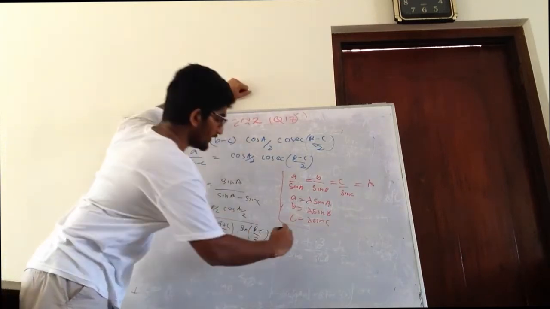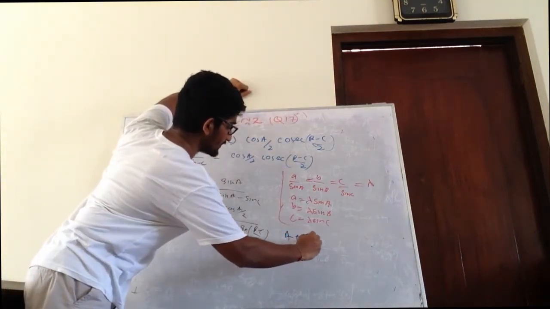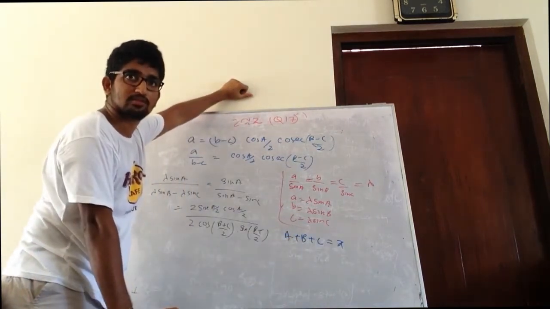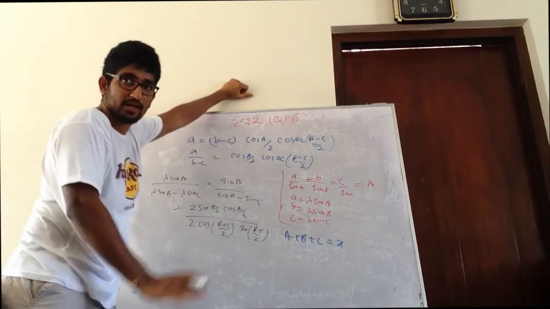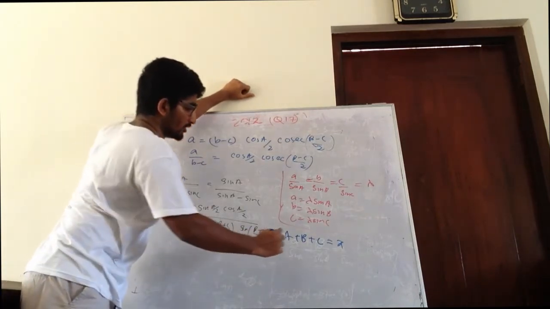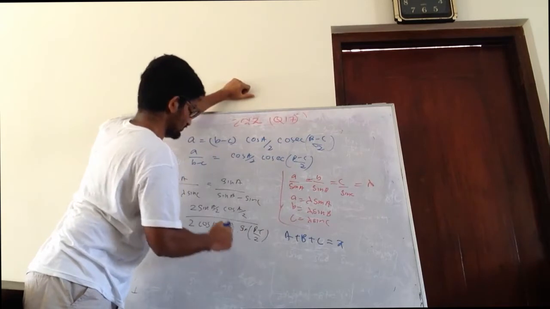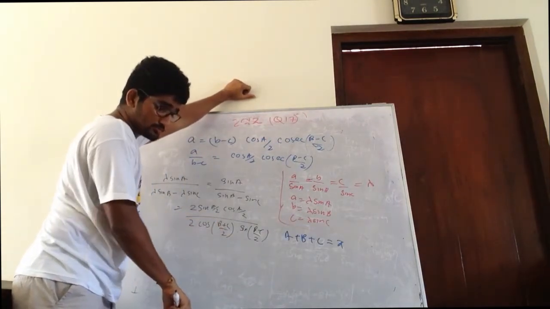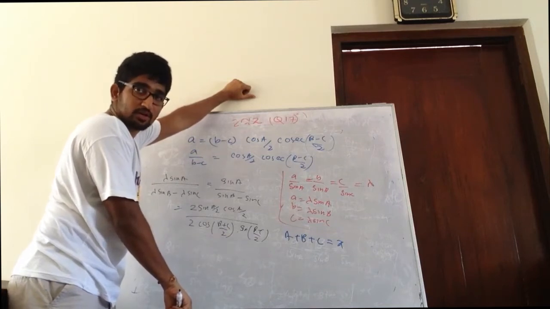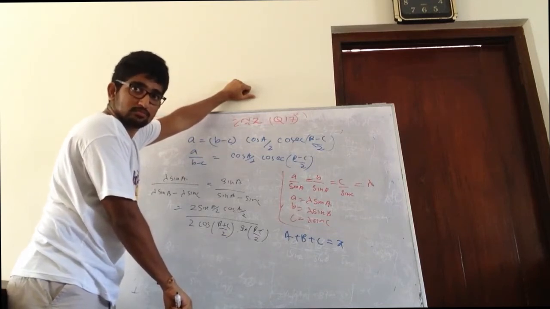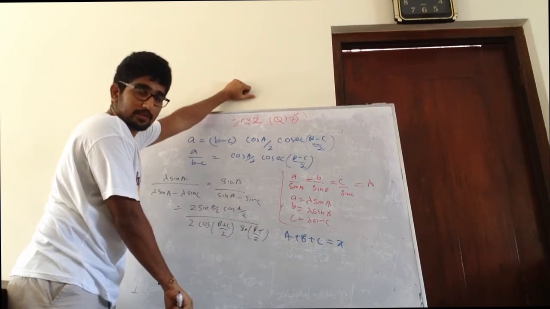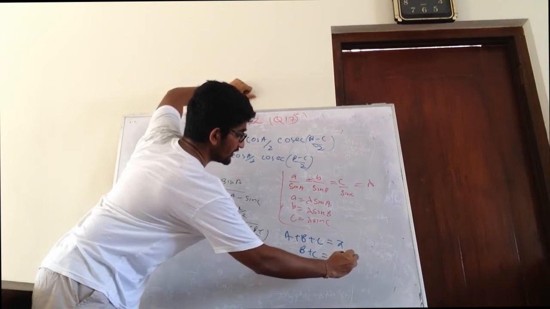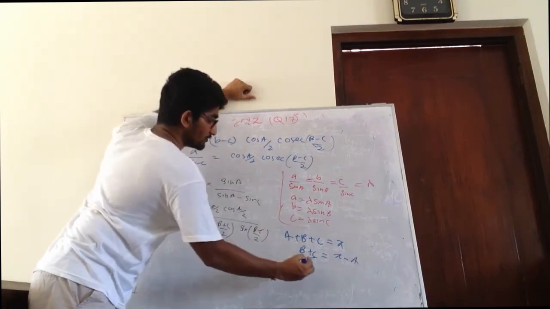I know that A plus B plus C is 180, because it's a triangle. Now there is B plus C, and in the answer there is no B plus C. So I want to replace it. B plus C is basically 180 minus A. But that's half, so let's take half.